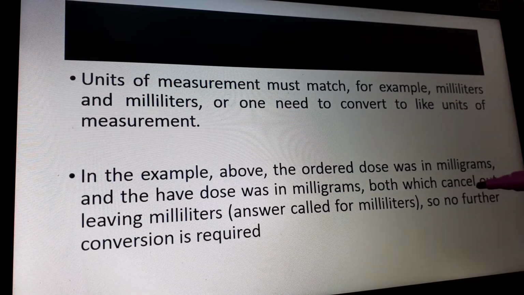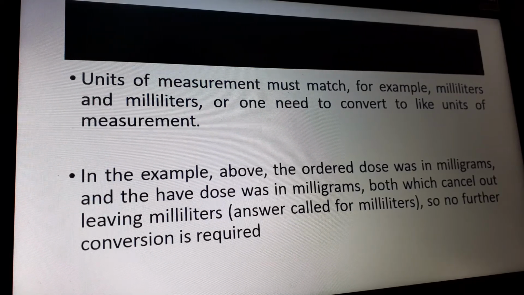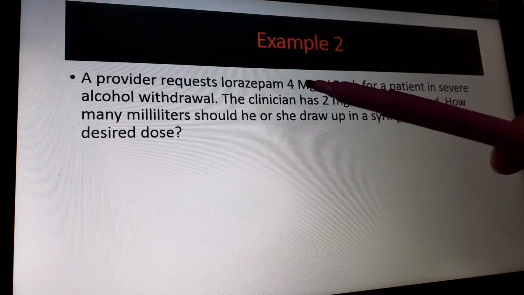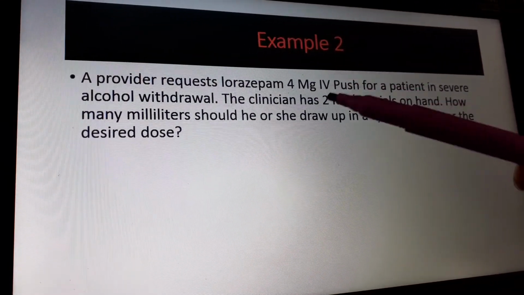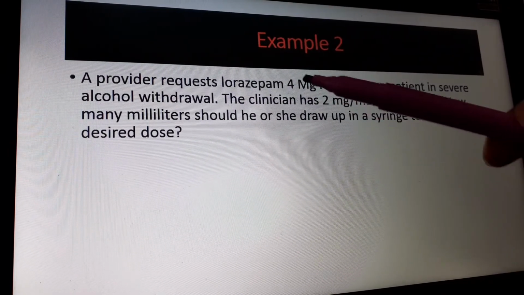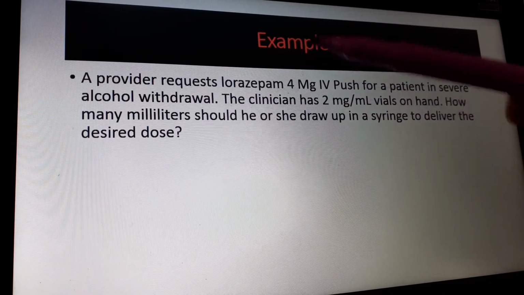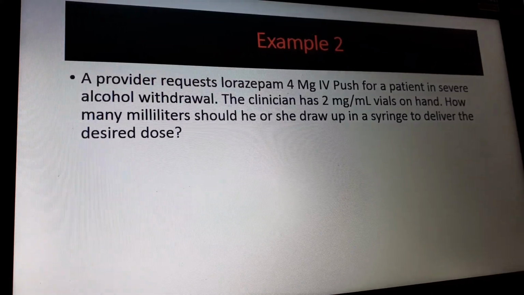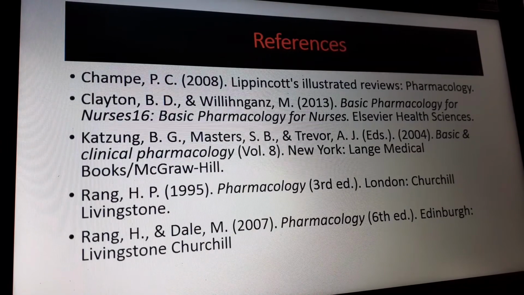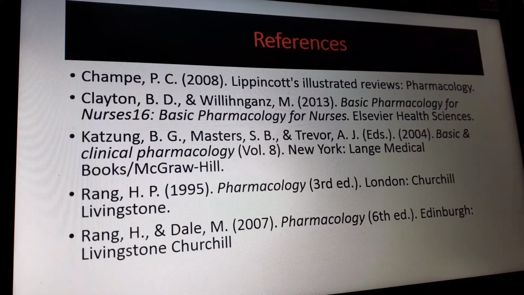So both will cancel out, leaving milliliters. So further conversion was not required because all were in milligram. Maybe if this is in milligram and this was in gram, you would have required to change them into one unit of measurement. So you can pass through the slides.